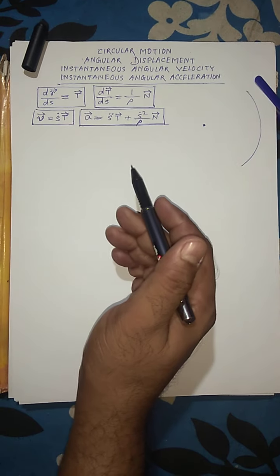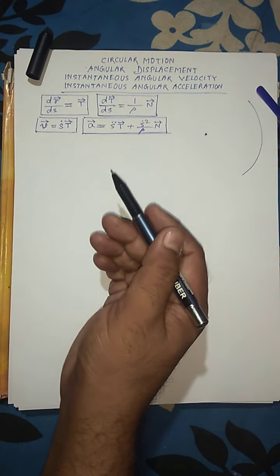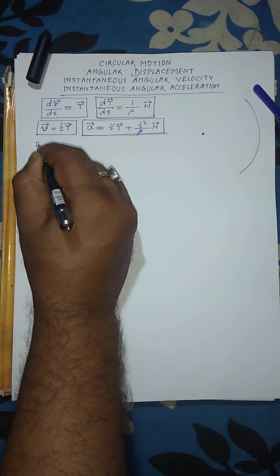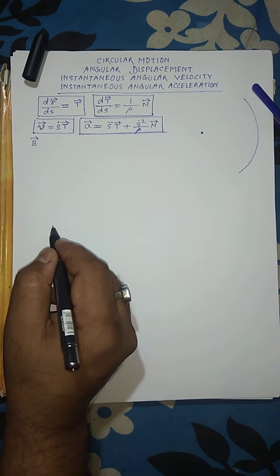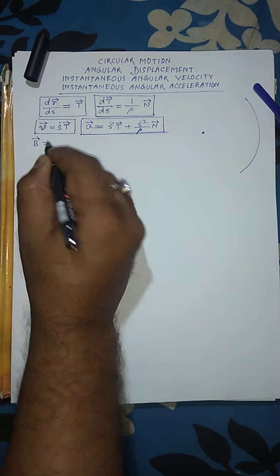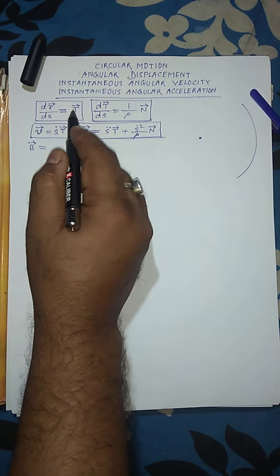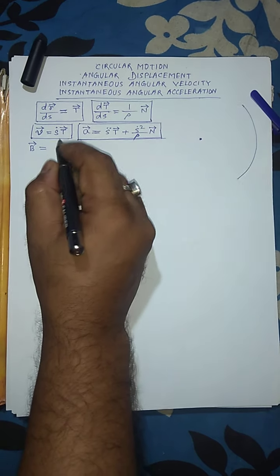I'm going to introduce another unit vector to you. Unit binormal. A unit binormal is the vector product of the unit tangent and the unit normal.